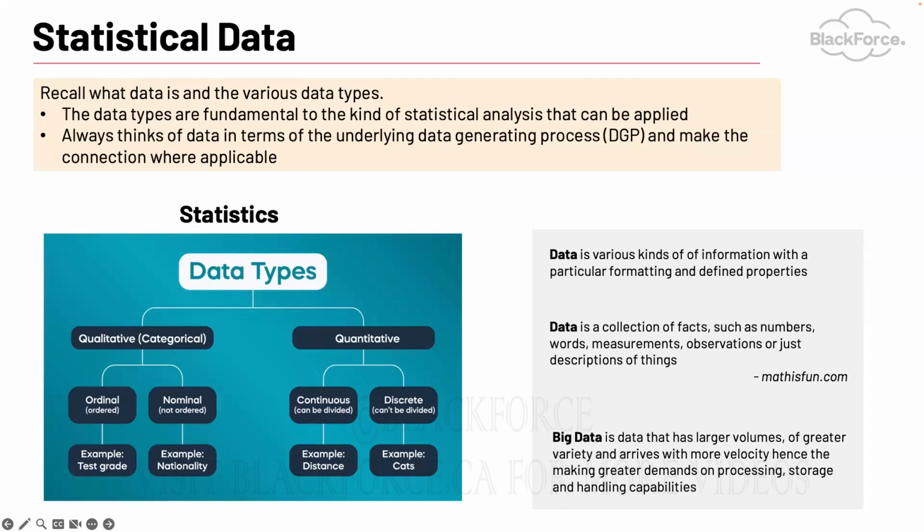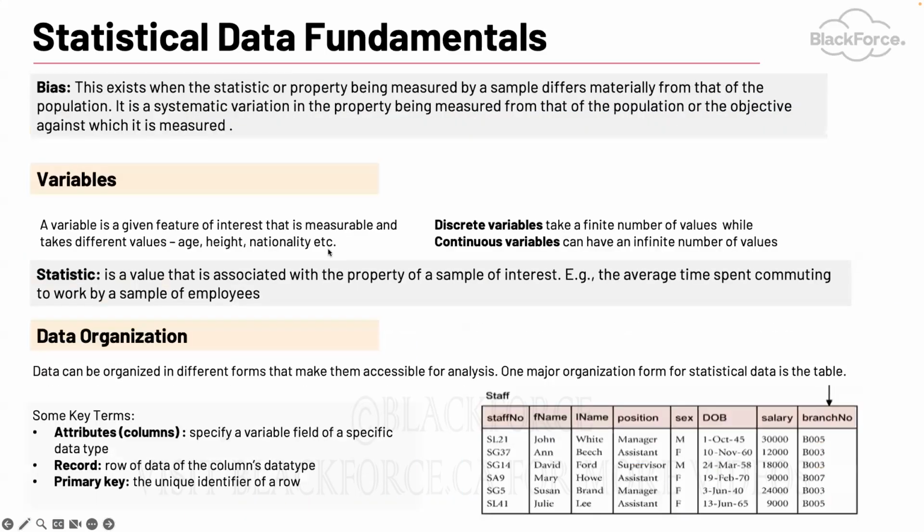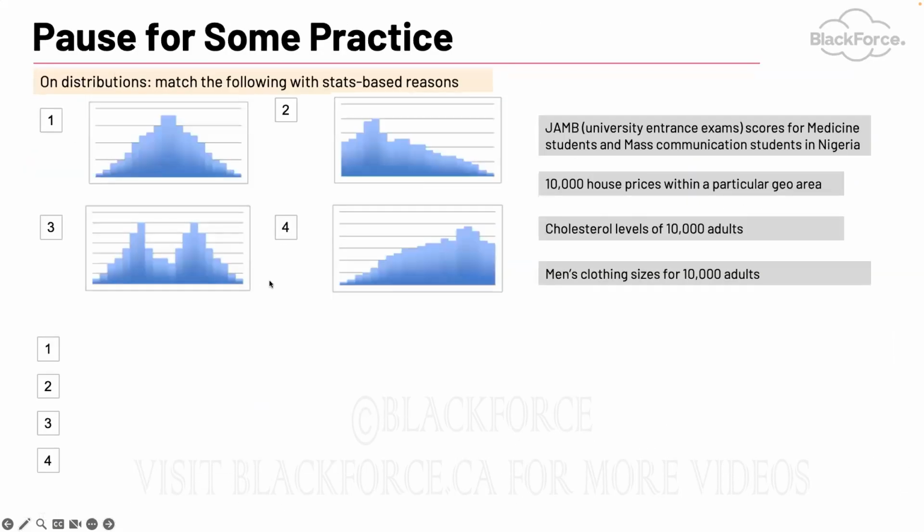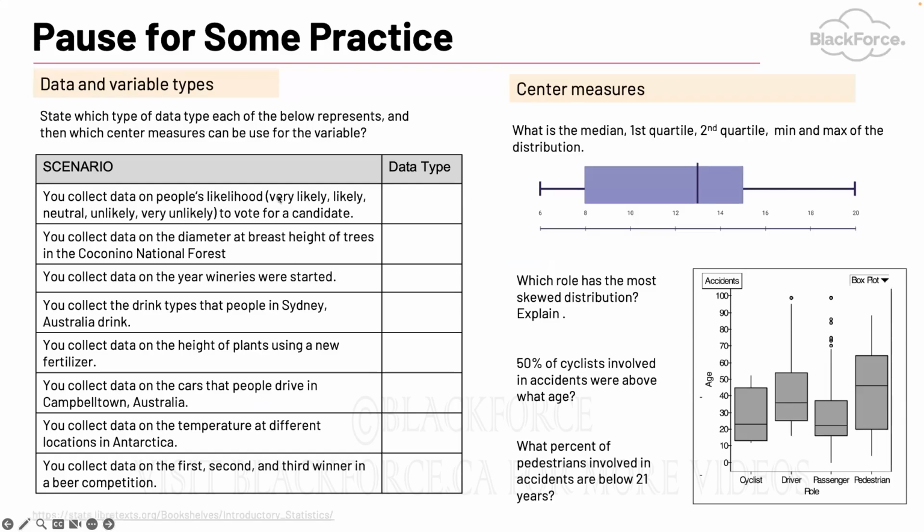Okay, good try. Someone said ordered as well. Depending on how we view it, in this case, we could view it as ordinal, because you have very likely to likely. If we're going in the direction of getting a vote to a particular candidate, we're moving from very unlikely all the way to very likely. So there's a certain order.